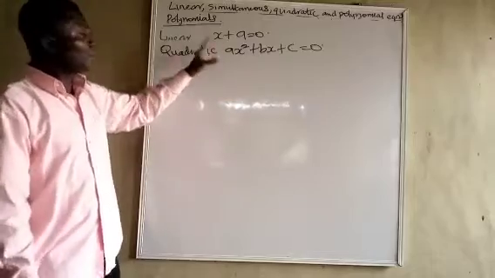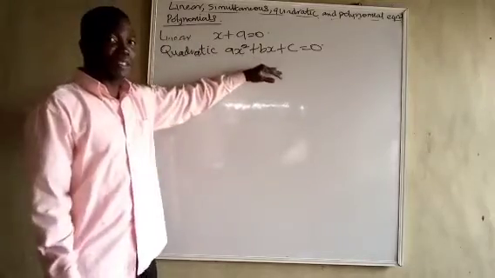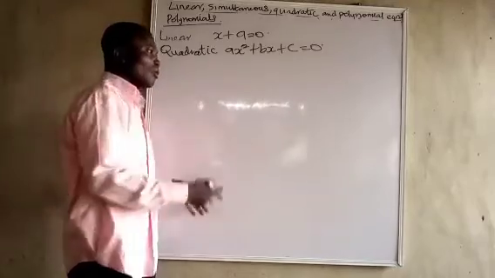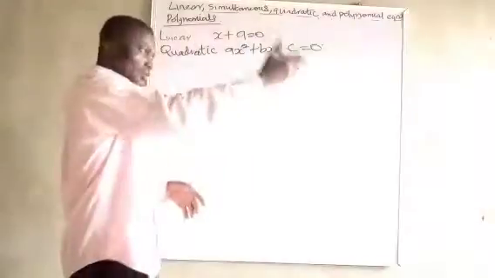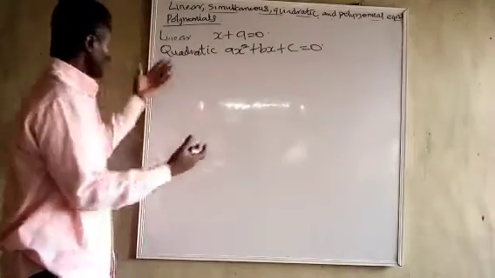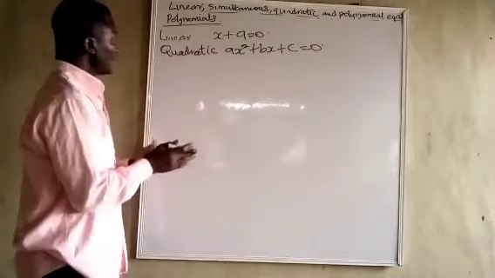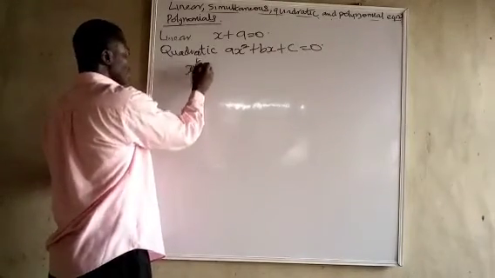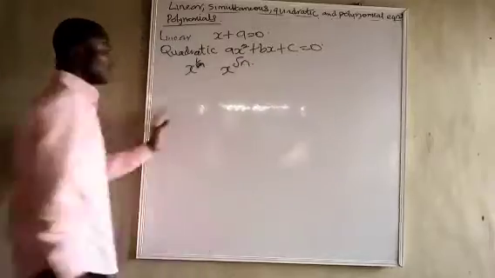But mind you, the powers we have with x, we are not having any power as a reciprocal, or raised to root form. So we don't have anything like x raised to power 1 over n or x raised to power root n. So we don't have any of this.